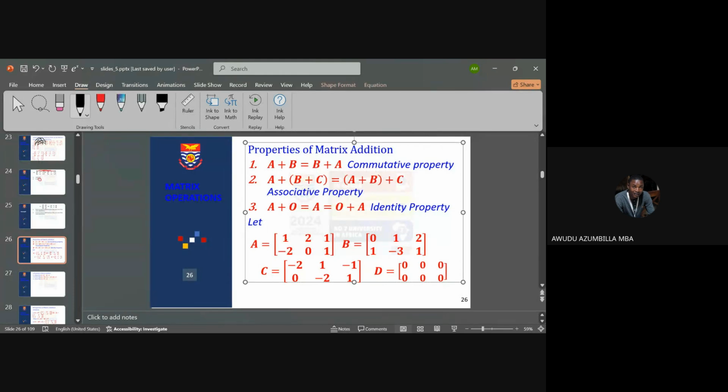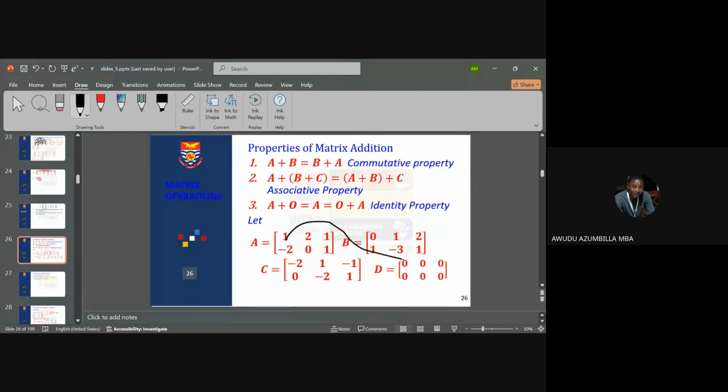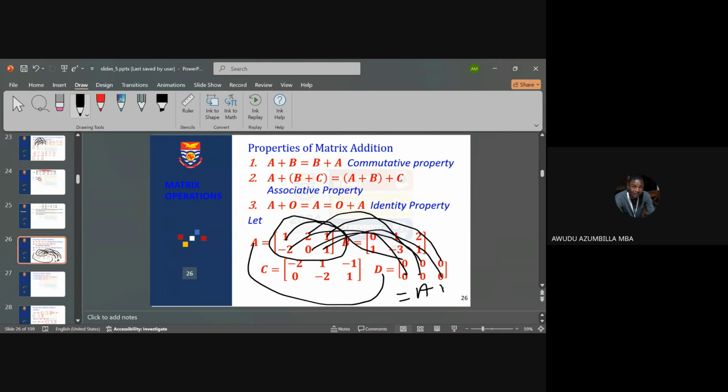So you are adding 1 to 0, 2 to 0, 1 to 0, and you are going to get the same numbers. You are going to add this one to 0, this one to 0, and this one to 0, and you are also going to get the same numbers. So at the end, A plus D is the same as A because our D is a 0 matrix.